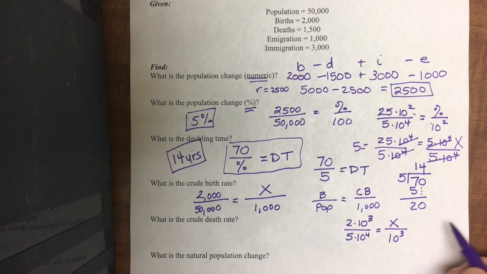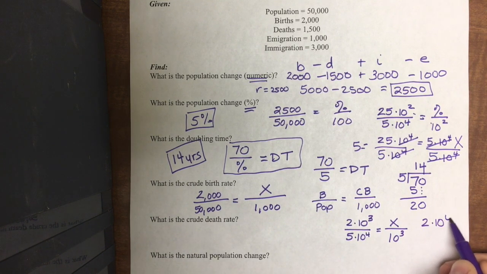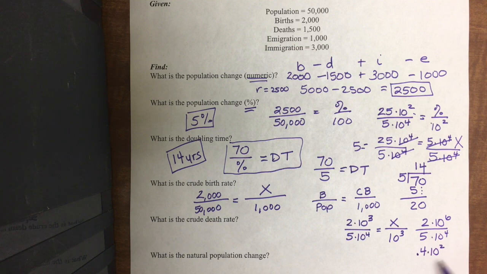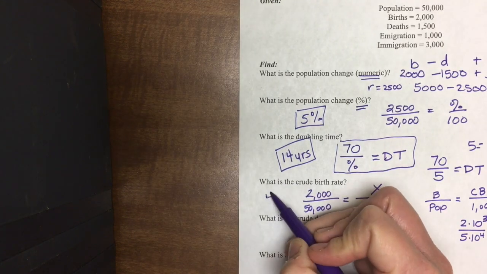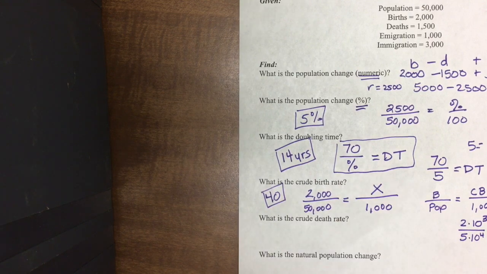So I'm going to get 2 times 10 to the sixth divided by 5 times 10 to the fourth, 2/5. This is a good time to remember my fractions. 1/5, if you'll remember, or if you don't, you should, is 0.2. So 2/5 is 0.4. So I get 0.4 times 10 squared. What does that mean? Move the decimal 2 places, and I get 40. So my crude birth rate here is going to be 40.